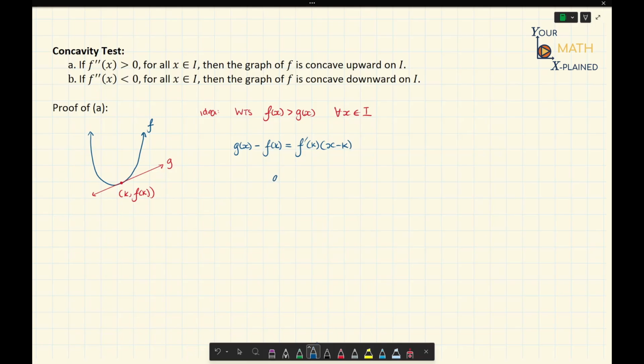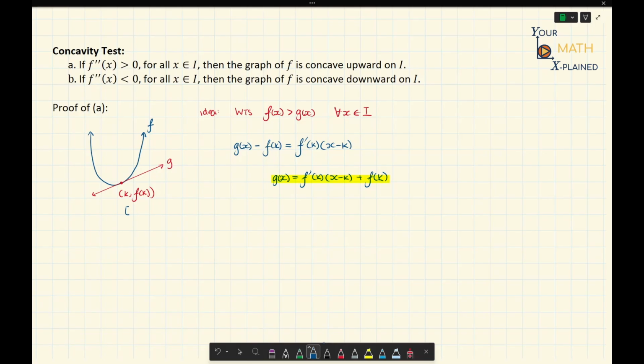Now isolating g of x, we get g of x is equal to f prime of k times x minus k plus f of k. And now I'm just going to highlight this because we're going to be using this a little bit later on. Next, we're going to divide up our interval I into two parts.